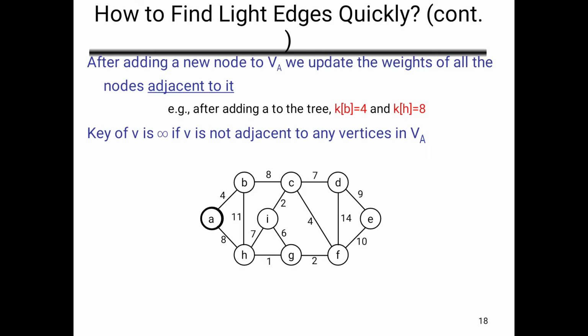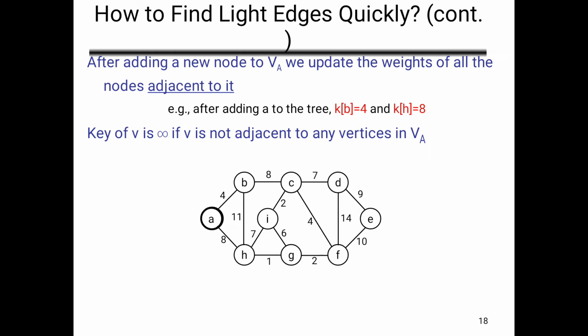And we have to find the light edge. That means in the diagram the source vertex is A, and B, H are the neighbors.